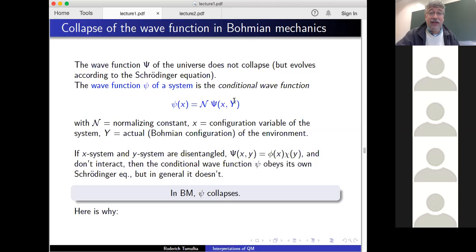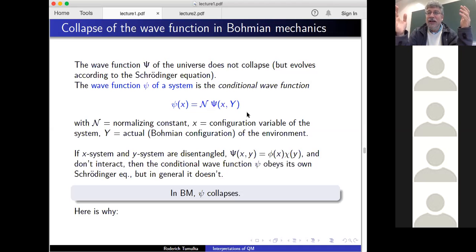Okay, plug that into the wave function of the universe. You get a function that still depends on lowercase x. So here, always lowercase letters. When we talk about configuration, lowercase x is the variable, the generic configuration. That's because you have a wave function that's a function on configuration space.